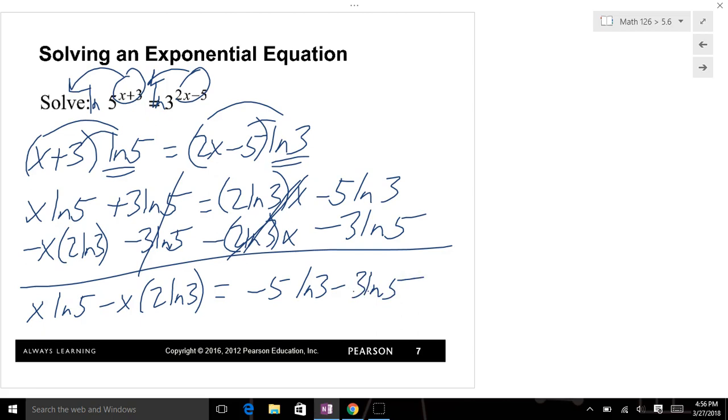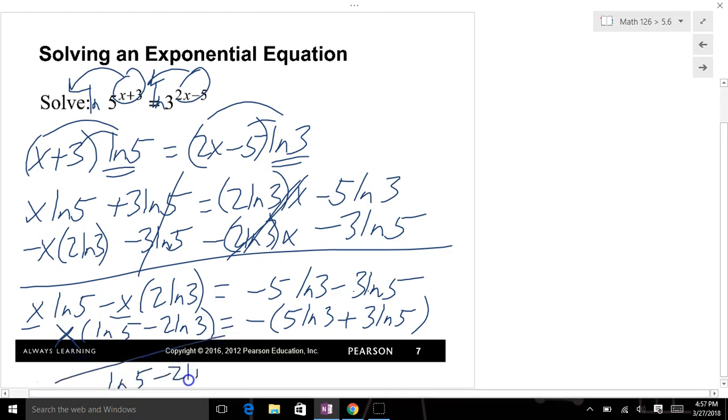Now notice right here, both of these have an x in them, so I'm going to factor an x out. So I have ln of 5 minus 2 ln of 3 equals negative 5, and I'm going to factor a negative out of these, 5 ln of 3 plus 3 ln of 5. Now at this point, see how we got our x all alone by factoring that out. We're just going to divide by ln of 5 minus 2 ln of 3 on both sides.